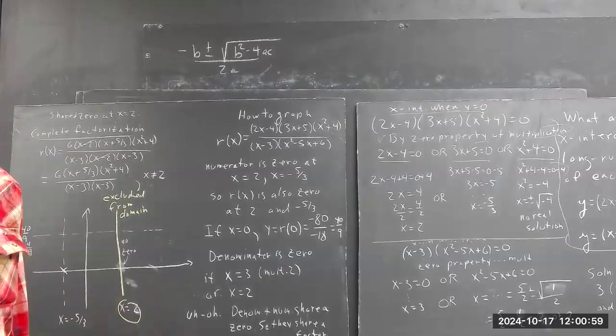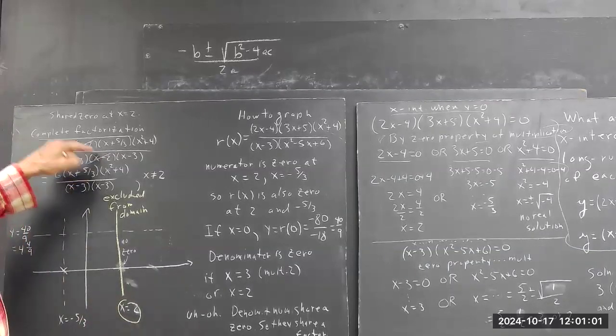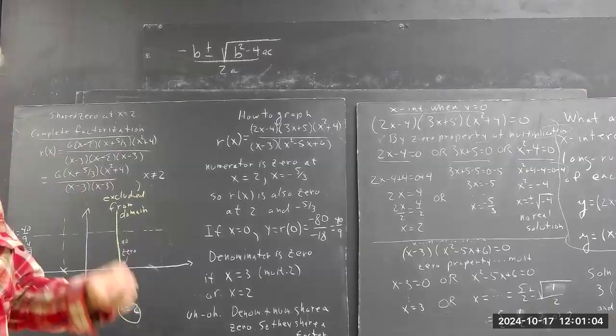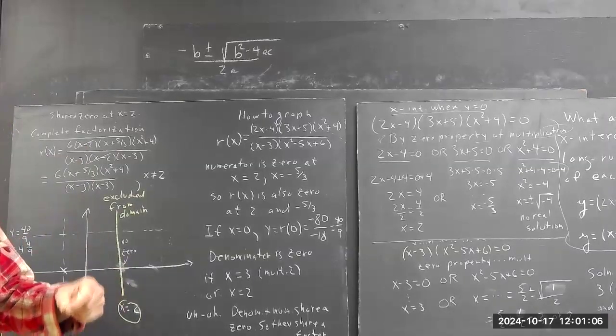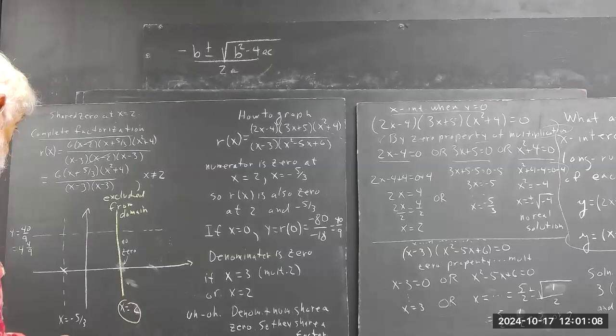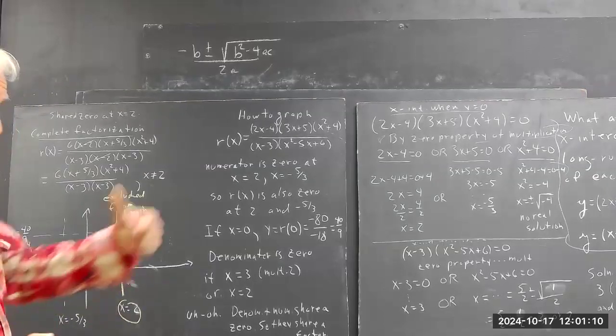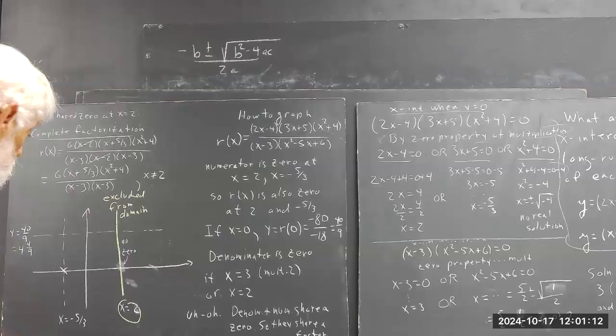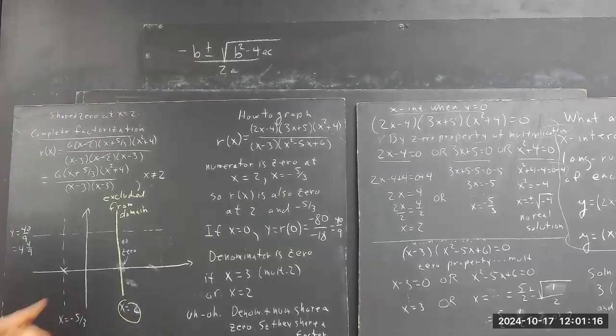You can't have a 0 denominator, even if you can divide the thing out. You call that a removable singularity. You'll see that in open math, if not here in your calculus course. Okay, so this is what we've got so far.